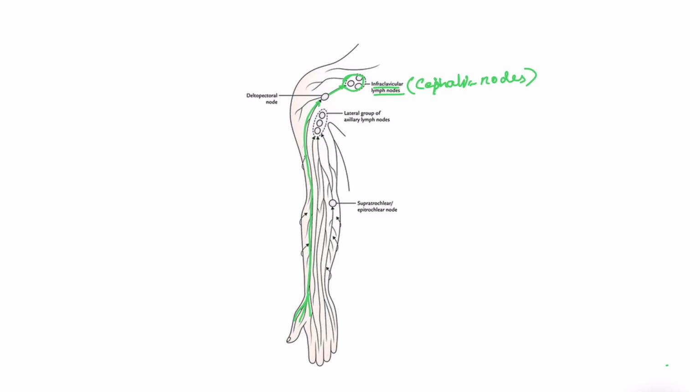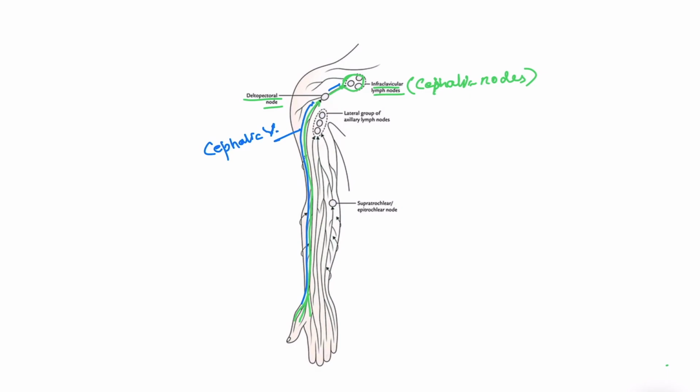So the deltopectoral node is present in the deltopectoral groove before these lymphatics pierce the clavipectoral fascia. So remember the course: the lymphatics accompany the entire course along with the cephalic vein.